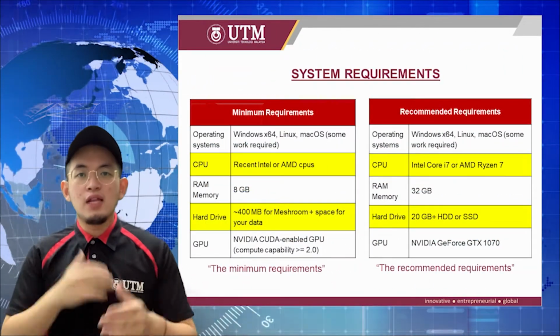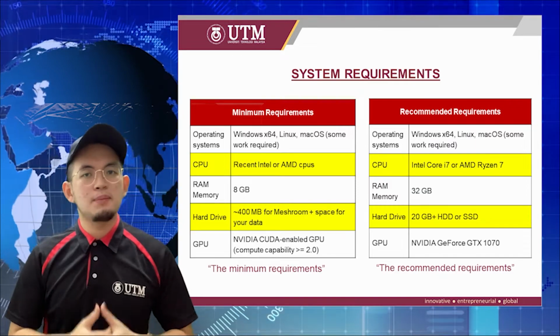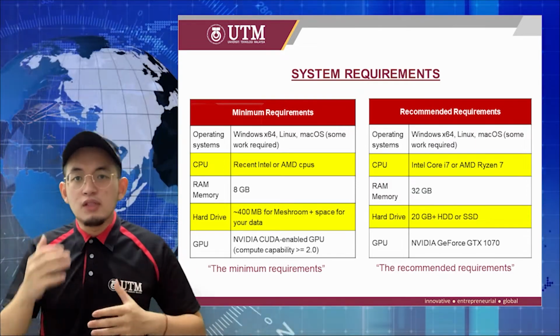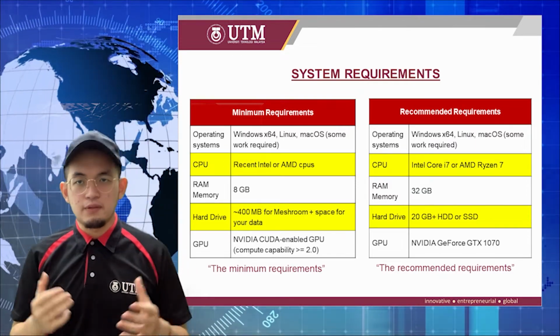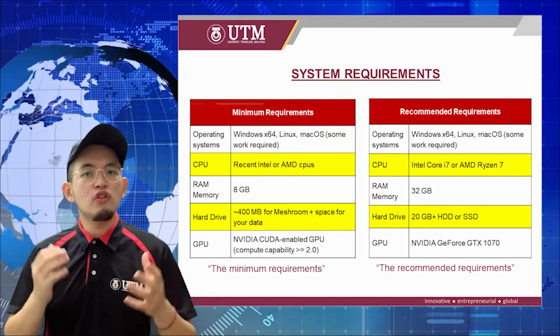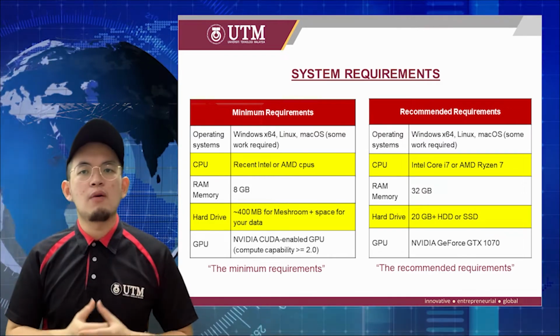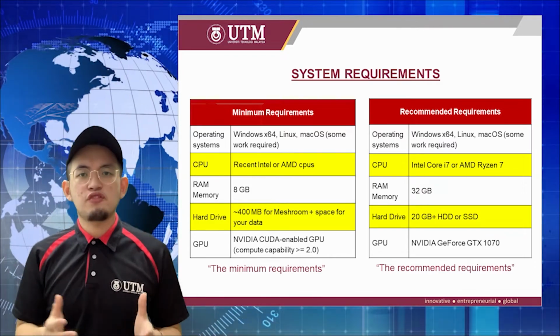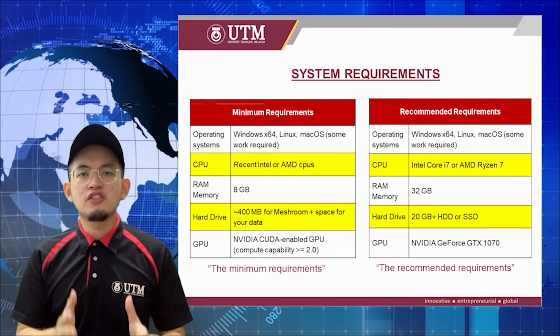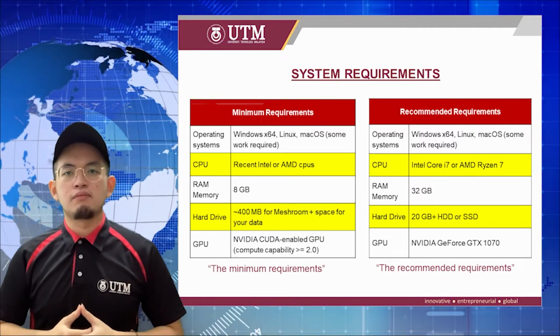MESHROOM software released a self-contained portable package. They are uploaded on the project's GitHub page. To use MESHROOM on your computer, simply download the proper release for your computer. Extract the archive and launch the MESHROOM executable.